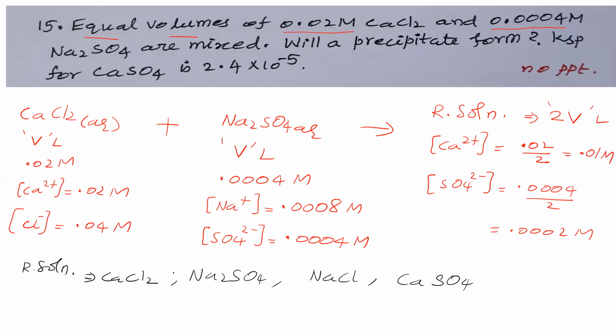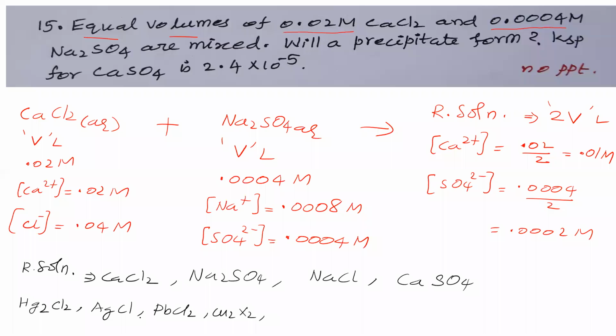That means chlorides, bromides, iodides are all soluble in water, except mercurous chloride, silver chloride, lead chloride, that is lead halides, and cuprous halides, which are insoluble in water.